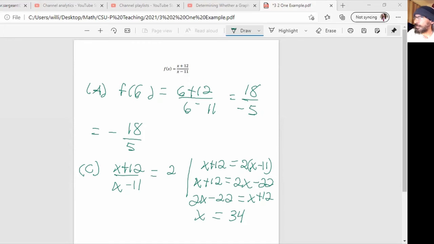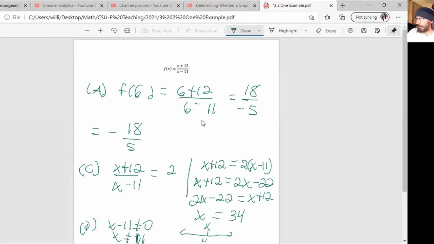The domain of f, want it in interval notation. We cannot put 11 in because that would make the denominator 0. So if you need to graph that first to figure out how to put that in interval notation, it would mean that we're xing out the 11.